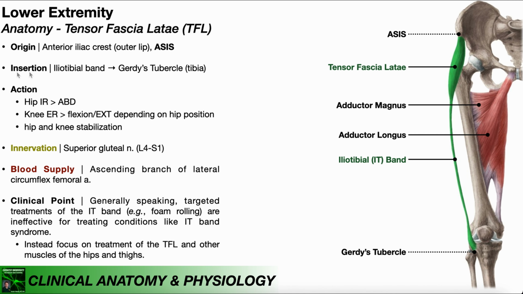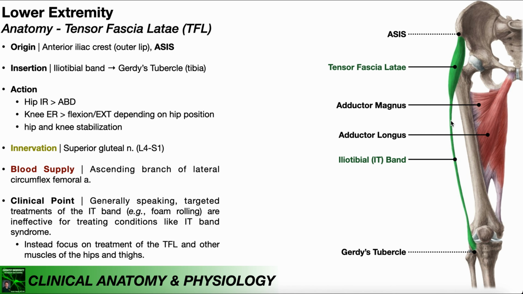That being said, the insertion of the TFL depends on what source you're looking at. Because the IT band itself is such an important structure, some sources will actually say that the TFL inserts on the IT band. So the insertion would be listed up here where my mouse is. But other sources will take this further and consider the TFL and IT band to be one continuous structure.